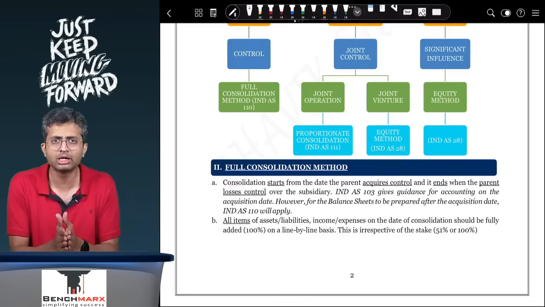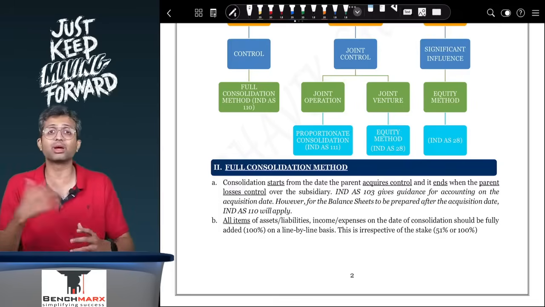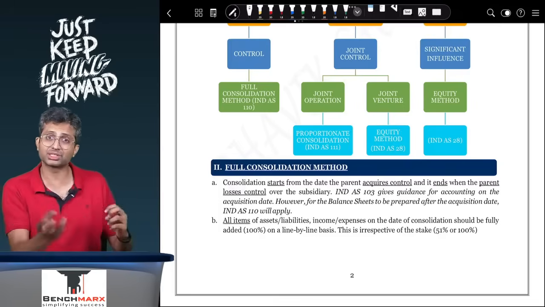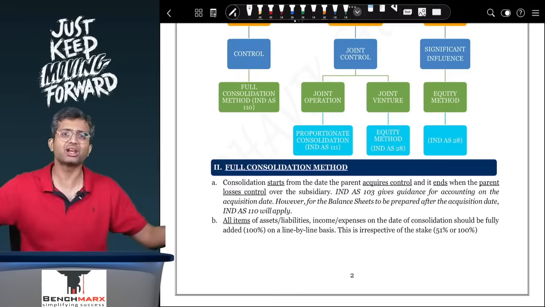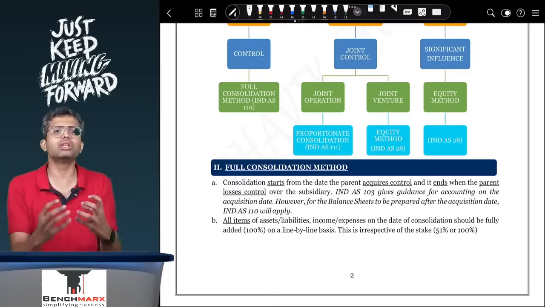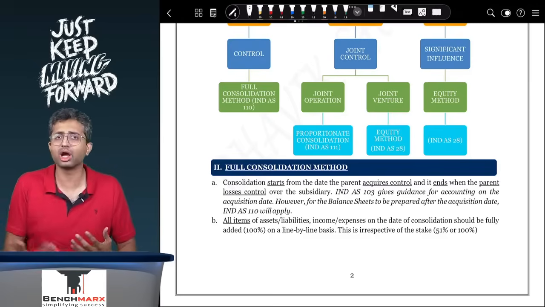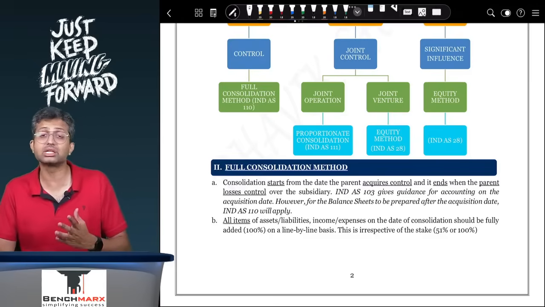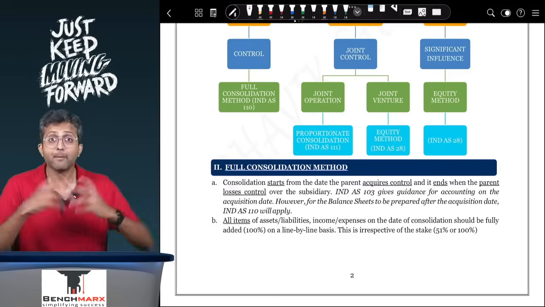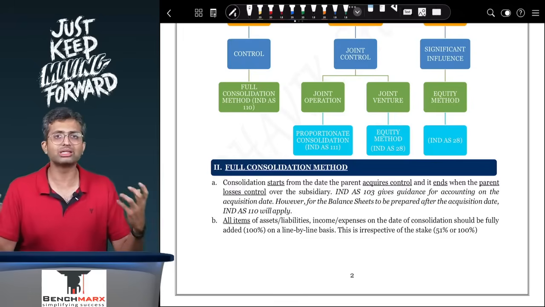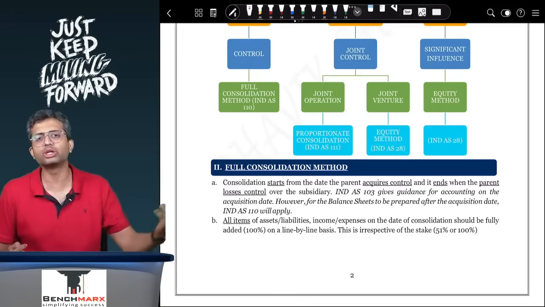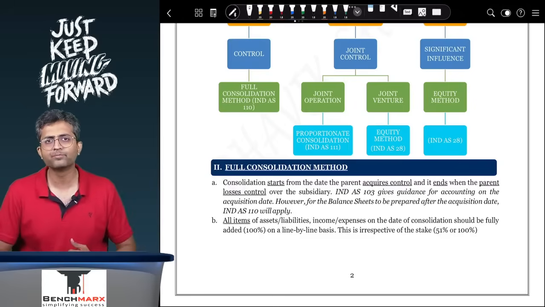What you want to do is going to be directed by Reliance Industries, not just for 70 acres, but for the entire 100 acres. And hence, even if I have only a 70% stake, I will still consolidate 100% of the assets, because I want to tell the readers what are the assets which I have the ability to manage and control.